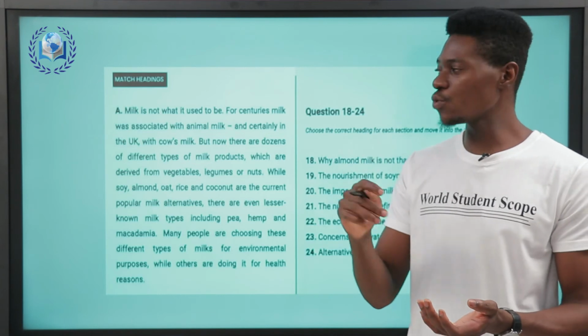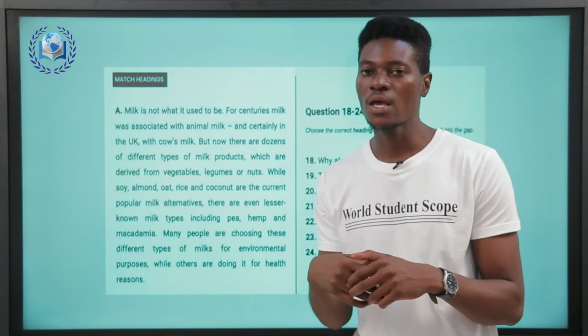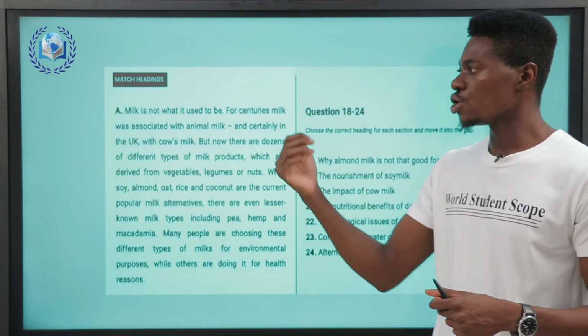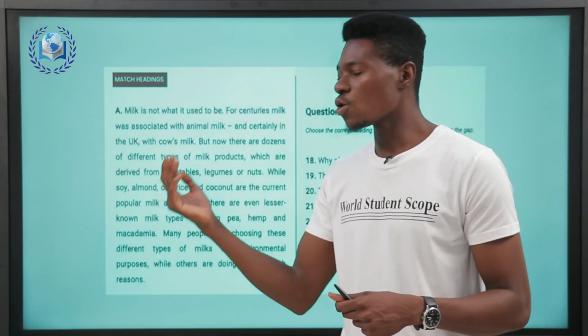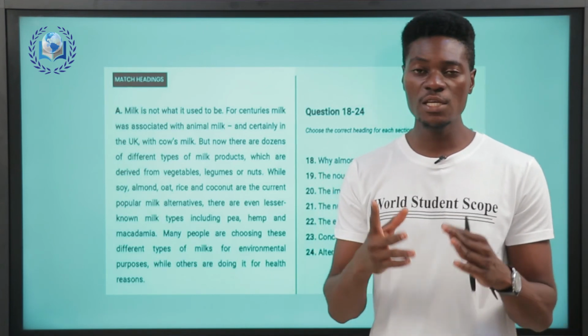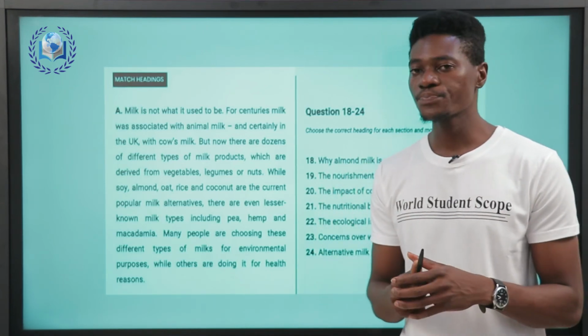So the passages will be presented in a different way. After giving the list of the headings, you'll also be given the list of the passages. Passage A, passage B, passage D, and so on.